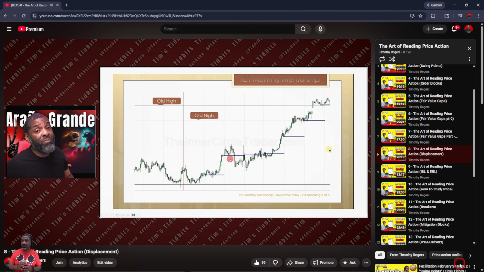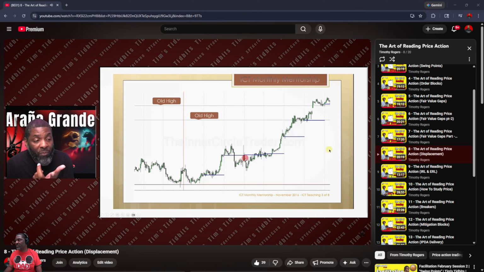Places, or if it displaces in a different direction than you expect, you may be wrong. For example, it's coming through the mic. On this chart, they represent the midnight open. As you see, whenever price comes below midnight there, we get displacement. We pull back into a discount, we get displacement.